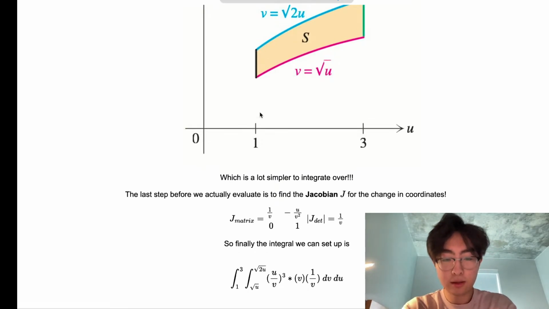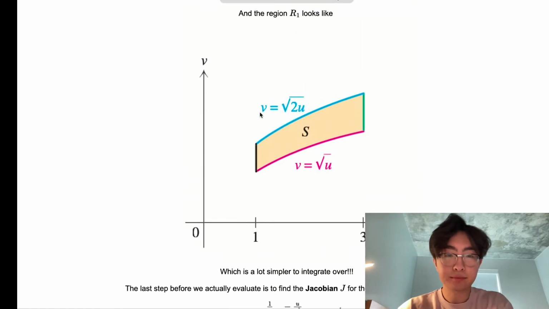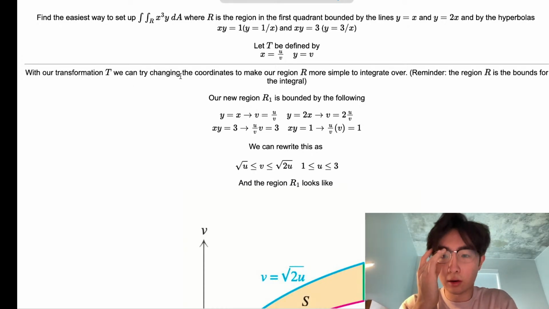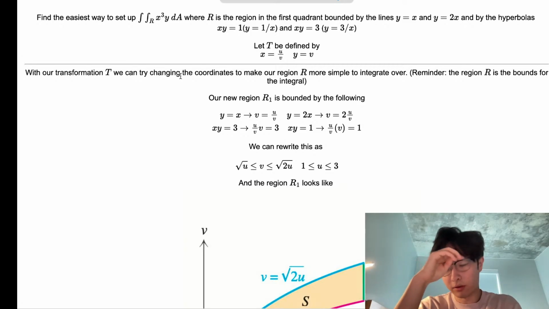Jacobian J. So I never fully understood what the Jacobian does. With the transformation T, we can try changing the coordinates to make our region more simple to integrate over.